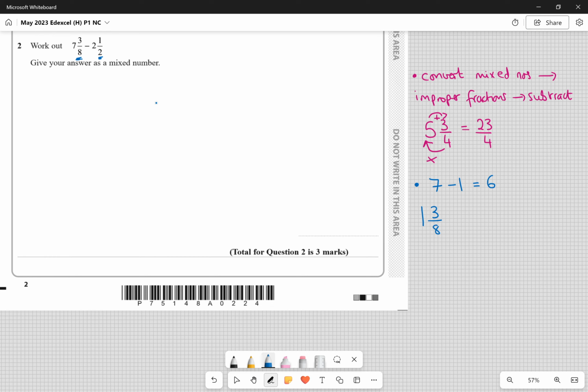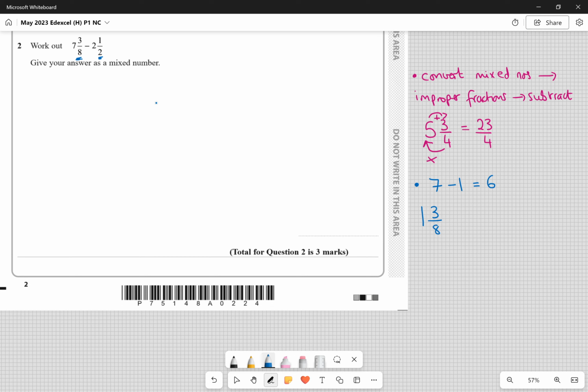So instead of 7 3/8, you've taken 1 away from the 7, and you've given it to the 3/8 to compensate, so that you won't end up with negative numbers and then have to rethink.